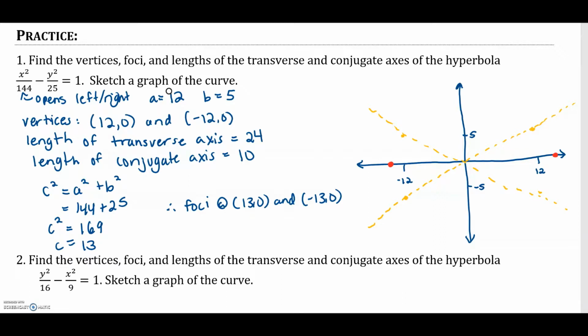And our hyperbola, I'm just showing the vertices there, will get arbitrarily close to the asymptotes but never touch them and pass through the vertex. And that's a graph of x squared over 144 minus y squared over 25 is equal to positive 1.